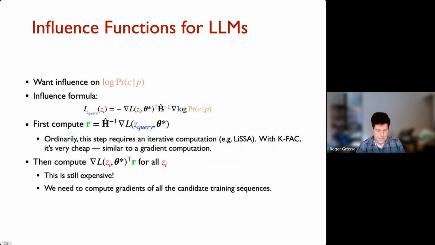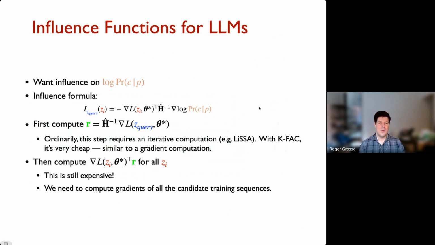So the formula I described earlier involved the influence of a training example on the parameters. So that would be the inverse Hessian times the loss gradient on a training example. So then to find out how that influences the probability of the query, we take the parameter influence and compute the dot product with the gradient of the query log probability. All right, so this is the formula that we're interested in computing.